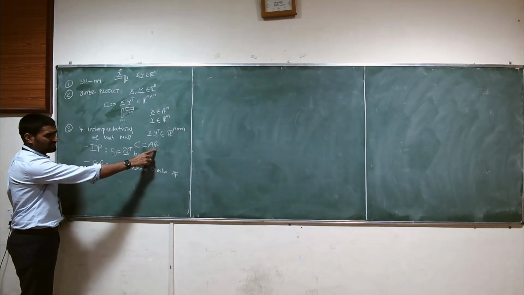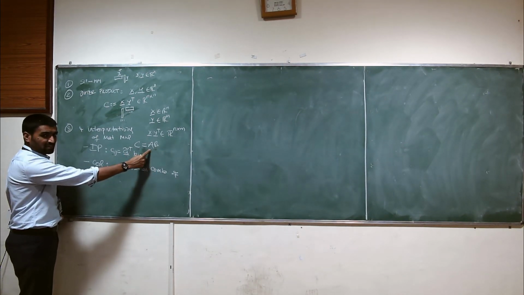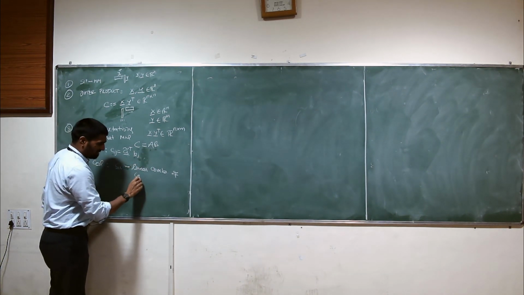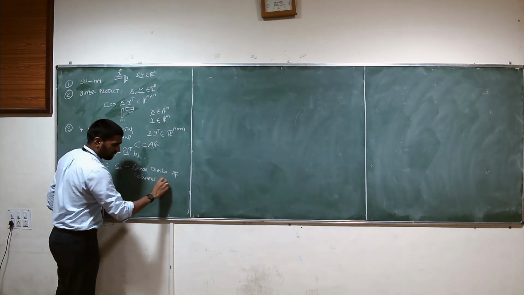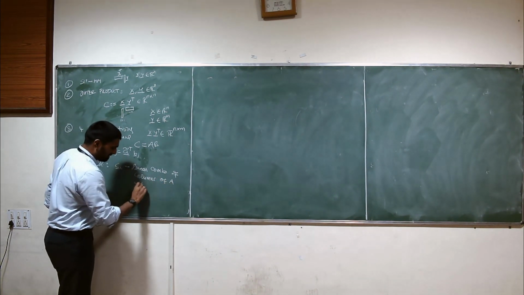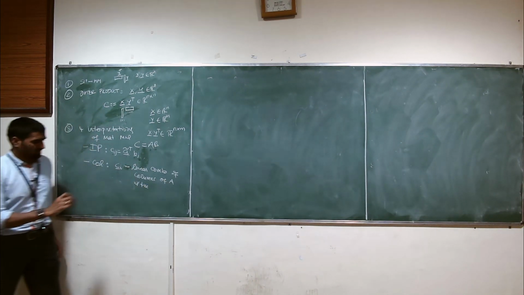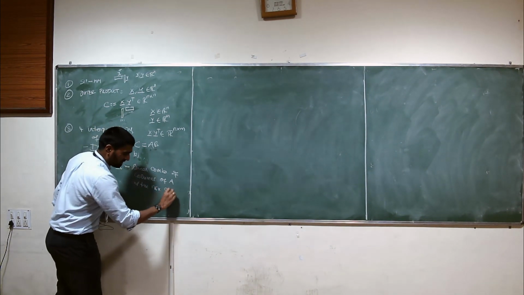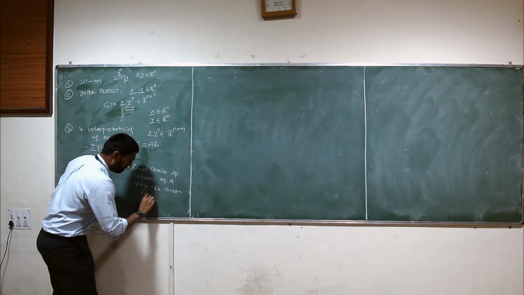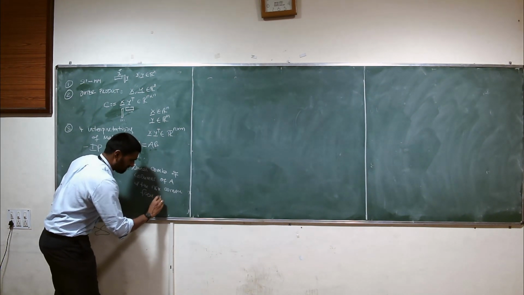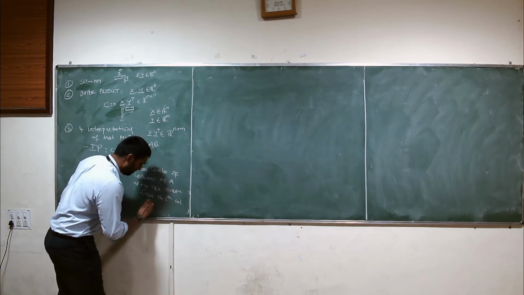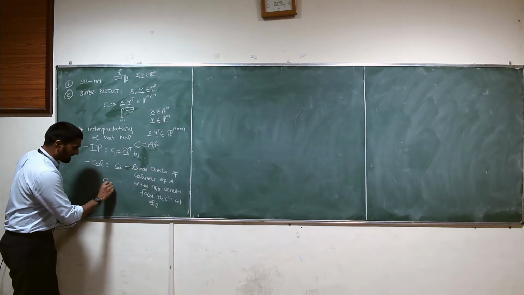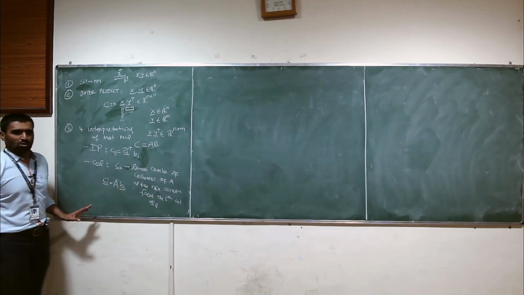So if you have AB, the ith column of C is a linear combination of the columns of A with the mixture coming from B. So all this to say, Ci is nothing but A times Bi. That's all.